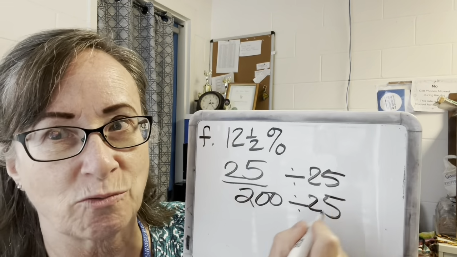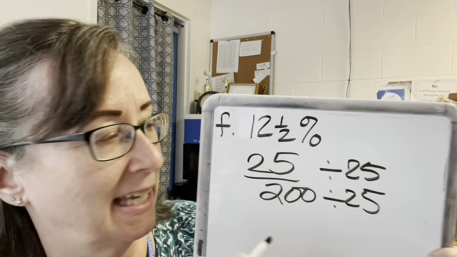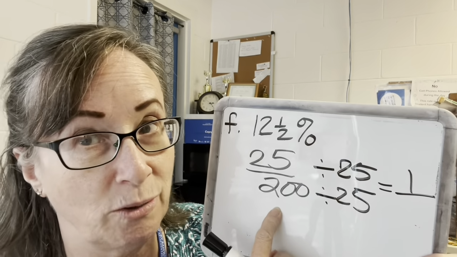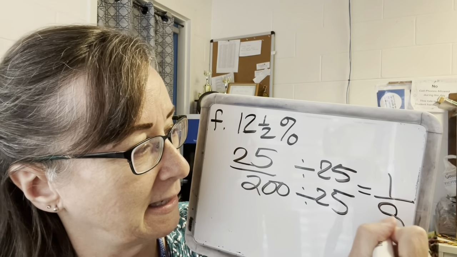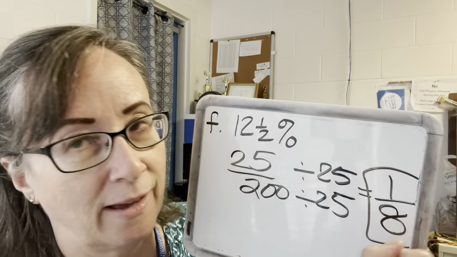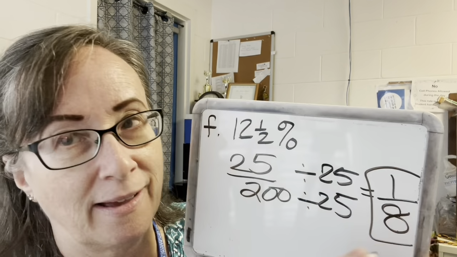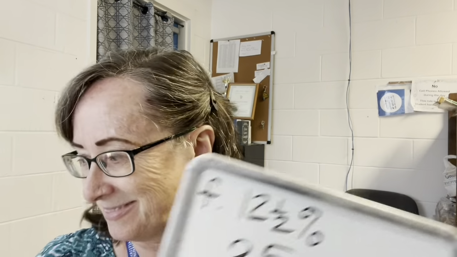I think I said it wrong even again. So this is what we want to do. I can't say it right, but I'm doing it right. Okay, so 25 divided by 25 is 1. And 25 will go into 200 8 times because 25 goes into 100 4 times. And there's 200, so it's 8 times. So the fraction is 1/8, even though it took Miss A a little while to get there.